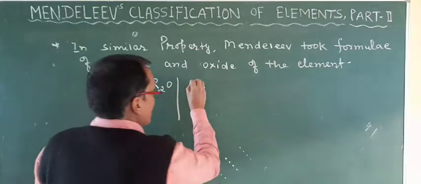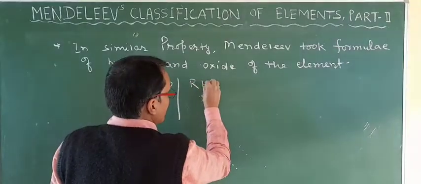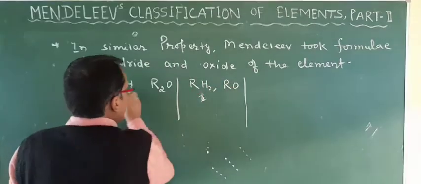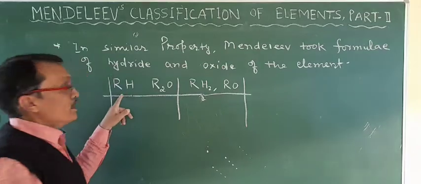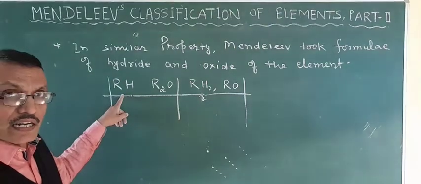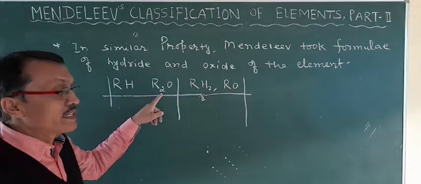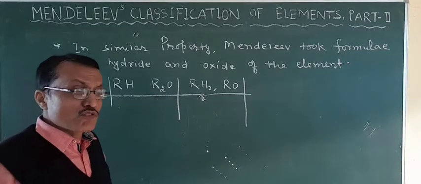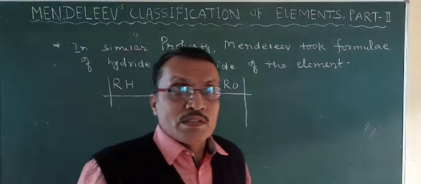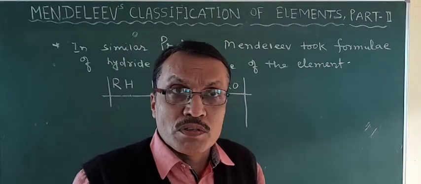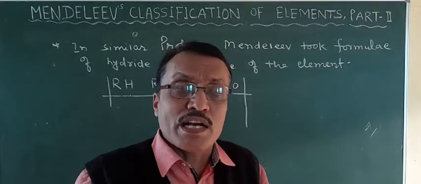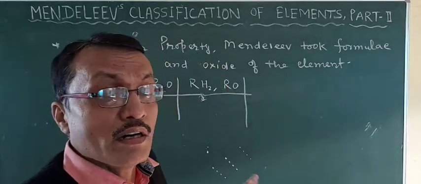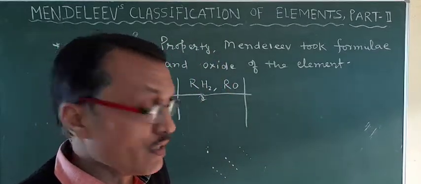Students, this is the formula of the hydride of that element, and this is the formula of the oxide of that element. So students, these two things he checked while classifying elements: the formula of hydride and oxide.